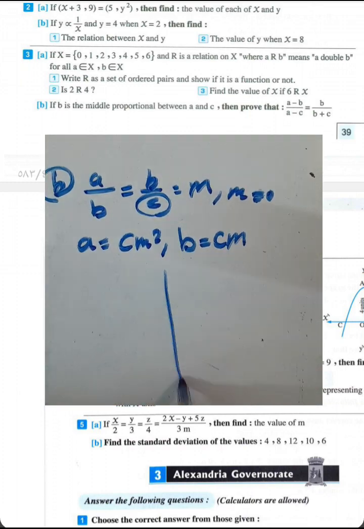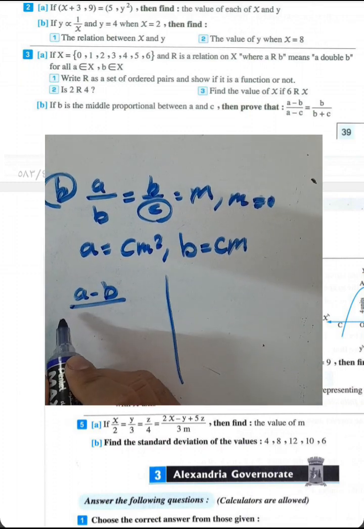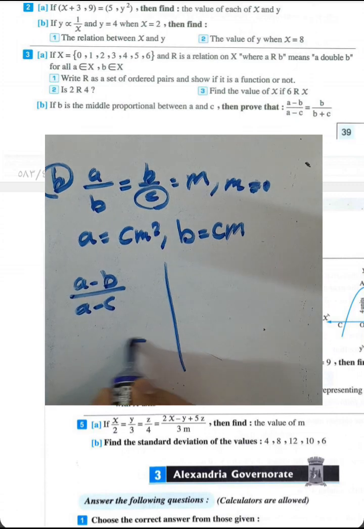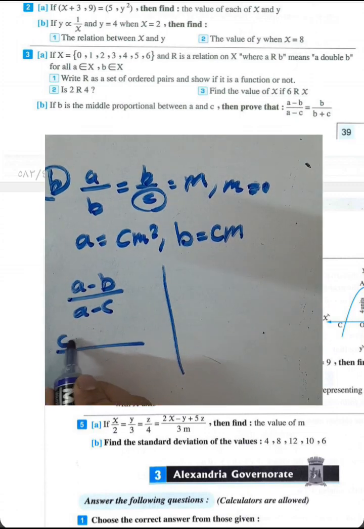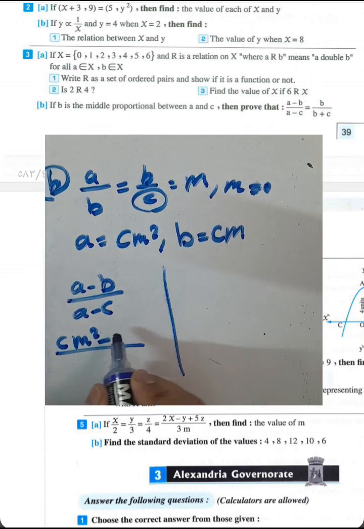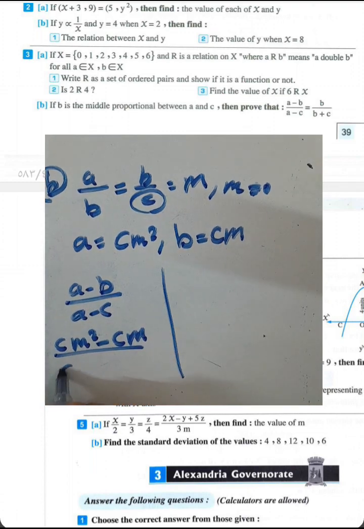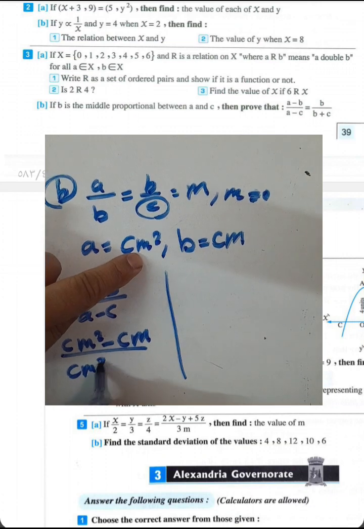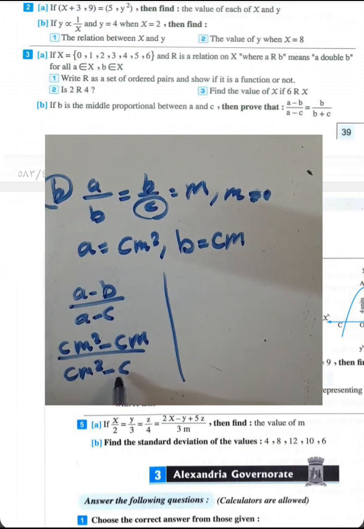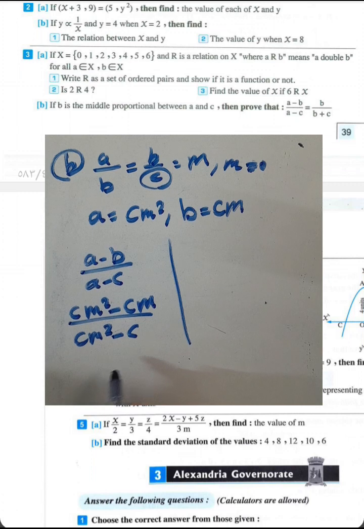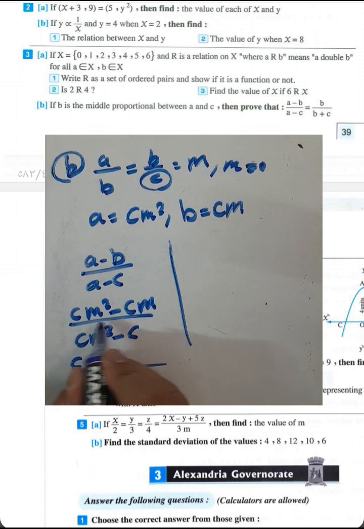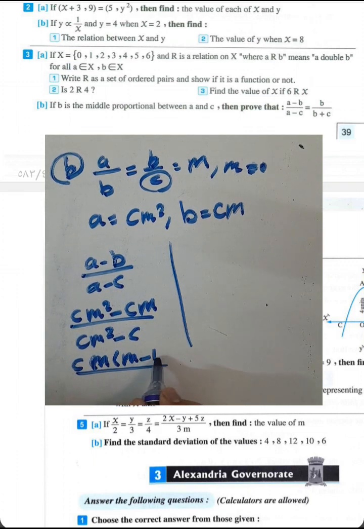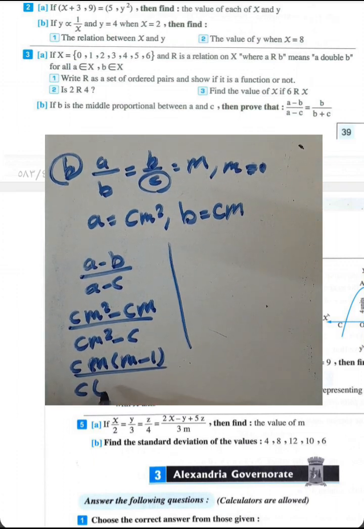Then we have (A minus B) over (A minus C). A is Cm squared, subtract B which is Cm, over A subtract C. A is Cm squared subtract the constant C. Then we take C as common factor: in the numerator write M times (M minus 1), and in the denominator write C times (M squared minus 1).